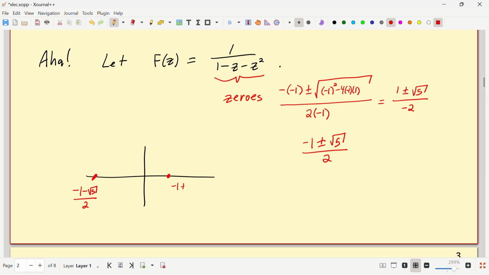That's going to turn out to be the radius of convergence. So F is analytic on the plane minus those 2 points where it has a singularity. And so, in fact, the radius of convergence is the biggest disk you can make it analytic on.